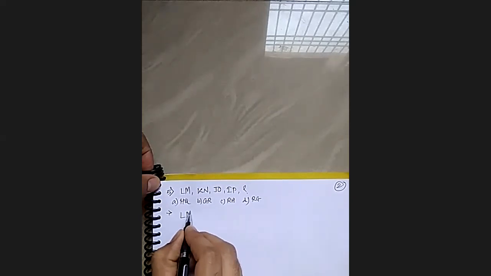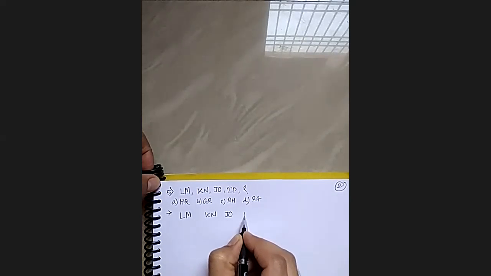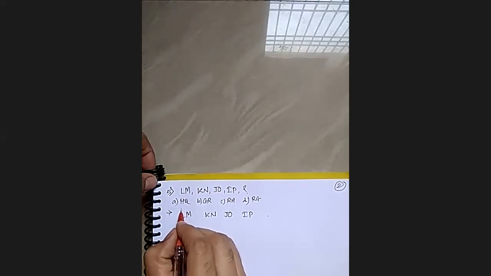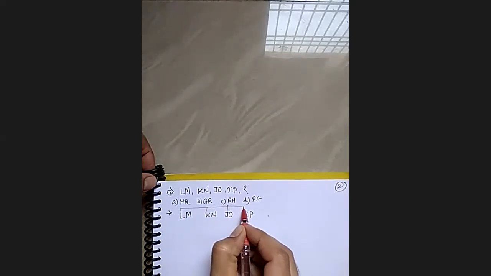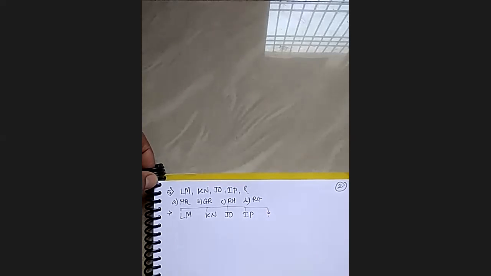So LM, KN, JO, IP, and here will be the answer. Again, in this case, you have to find out the relationship between the first letter of each pair. That will generate the first letter of your answer.